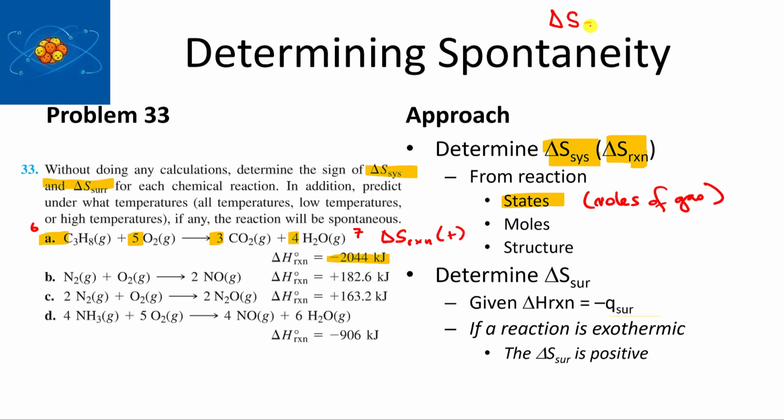Delta S of the surroundings is equal to Q of the surroundings divided by T. And then Q of the surroundings will be the opposite of the Q of the system. So again, delta H of the reaction is the Q per mole of the reaction. So that means Q of the surroundings will be plus 2,044 kilojoules per mole of reaction, which means delta S of the surroundings will be positive.